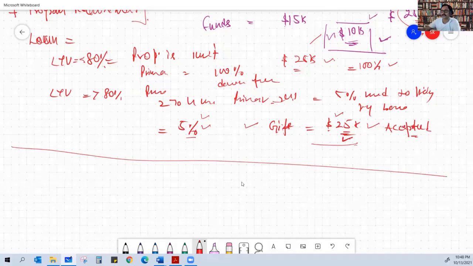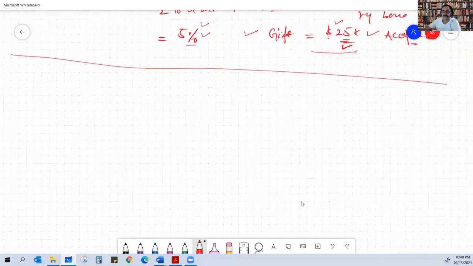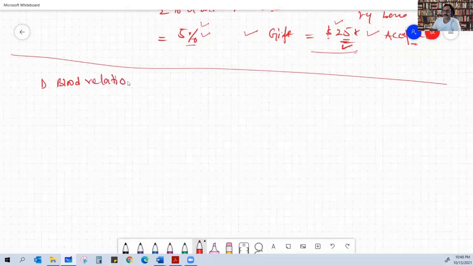Who can give, what is the source of gift funds? If I am a borrower receiving gift funds, who all can give me the funds? Number one, blood relations, any relative who has a blood relation with me. It could be a child, parent, children, wife, right?